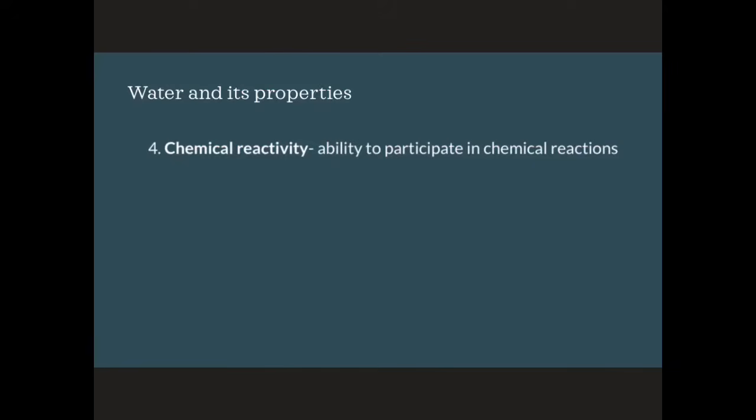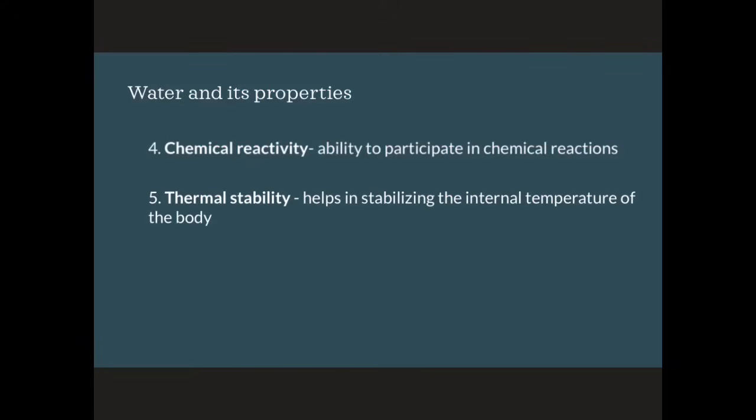And finally, we can talk about thermal stability. This property of water helps in stabilizing the internal temperature of the body. This property is a result of water's high heat capacity. This is the amount of heat needed to raise the temperature of 1 gram of a substance by 1 degree Celsius.